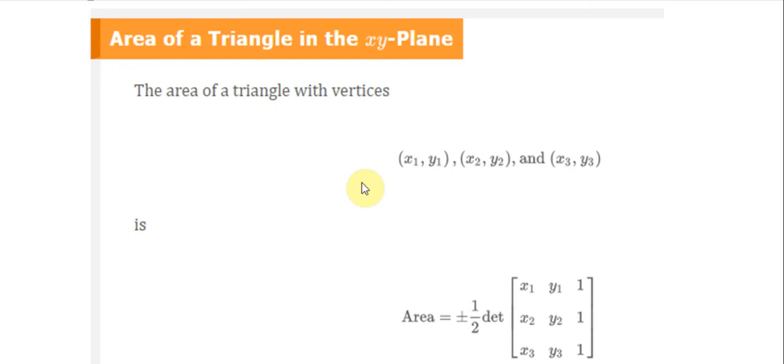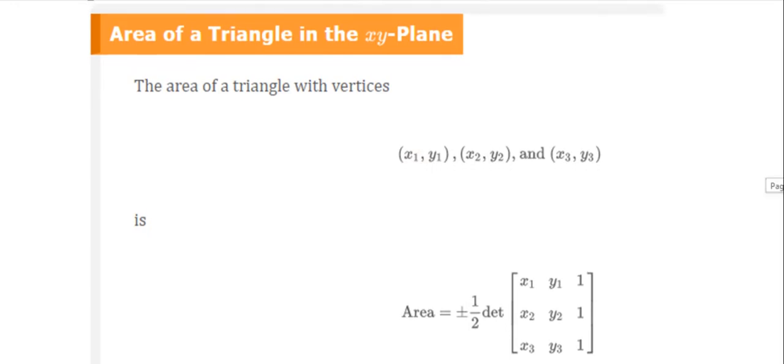So plus or minus 1/2 times the determinant of the entries there from those 3 points, which are vertices. And notice how that last column has the 1, 1, 1 in them. You just put that directly into your determinant as such.